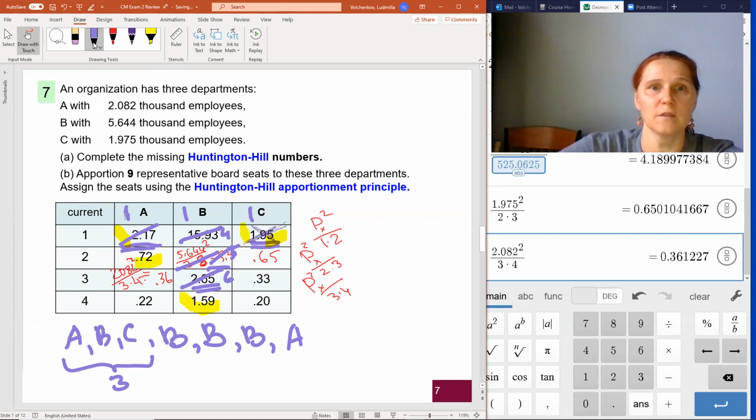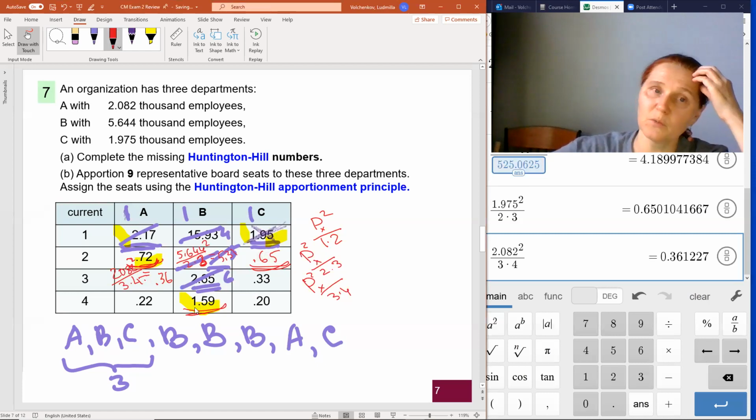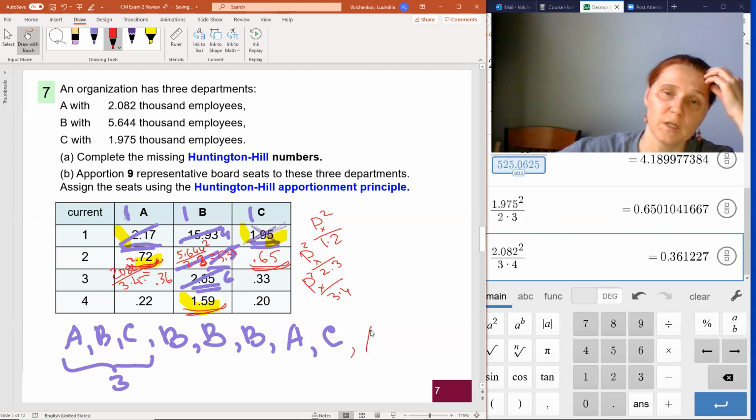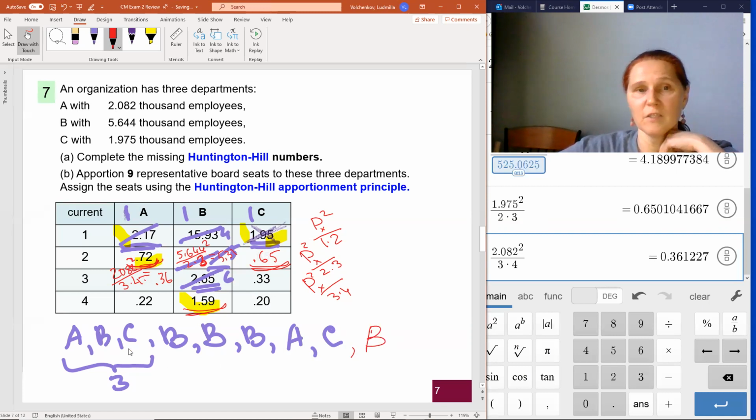So the next representative goes to C. So the next numbers that we'll compare will be 0.65, 1.59, and 0.72. The greatest number is 1.59, so the next goes to B. So we have apportioned 9 seats, and this is the order in which they have to be apportioned.